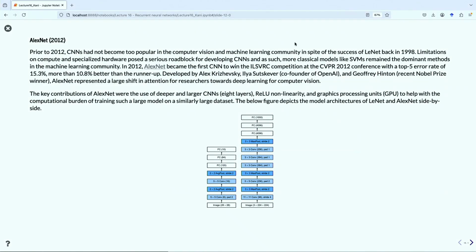And so the genius of Alex Krizhevsky is that he figured out how to use GPUs to train a much larger network than was seen before. So he used convolutional neural networks, but was able to use GPUs to basically calculate each of these layers in parallel.